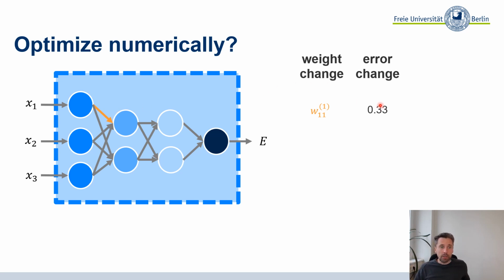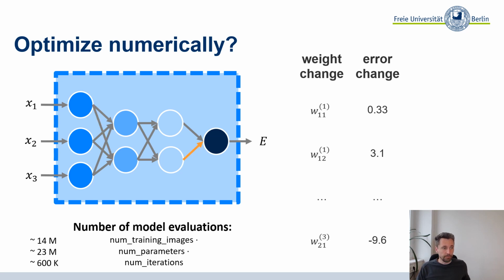And then look at how much the error has changed. This is what we call computing the gradient numerically, because that's exactly what it is, right? So the change of the error over the change of the weight. And then we could do this for all the weights, and then come up with a vector that tells us how to change those given weights.